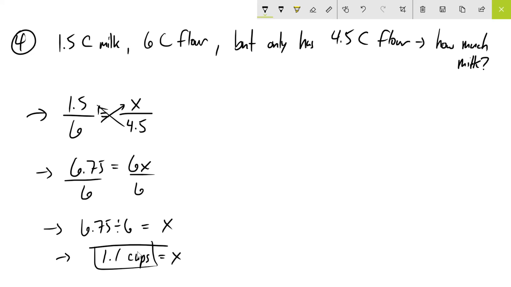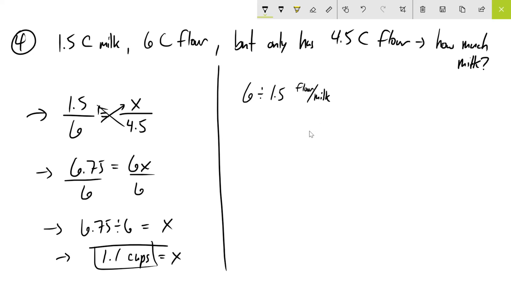Questions on that one? Yeah. Can you find the unit rate for that? Yeah. The other way is you could go with unit rates. Did you do it that way? No, I'm just... Yeah, you could. You could just do 6 divided by 1.5, and that's flour per milk, basically.